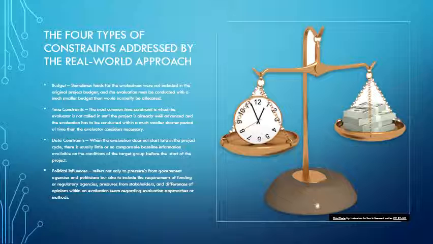Budget has to do with the amount of money you have to conduct this evaluation. Time constraint is the amount of time that you have to do the evaluation. Sometimes you have a lot of time, sometimes you don't. Data constraints. Sometimes when you're an evaluator and you're trying to evaluate a certain topic, there's not enough data, or there is enough data, but it's hard to pinpoint what data you want to use in your report.